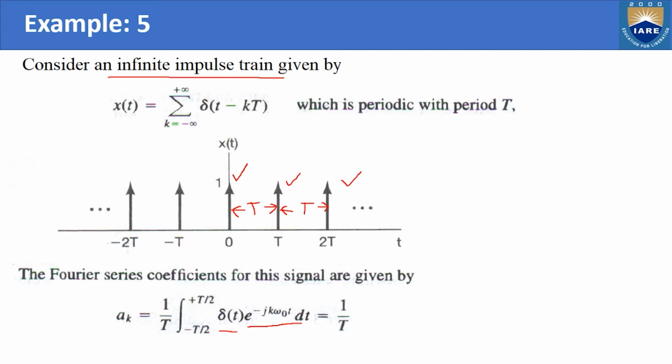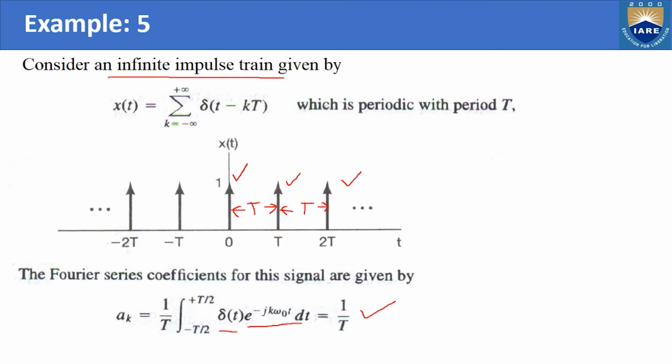The given function means one delta function at t equal to 0. If you integrate this, I can show that it is nothing but 1 by T. This is the kth coefficient.